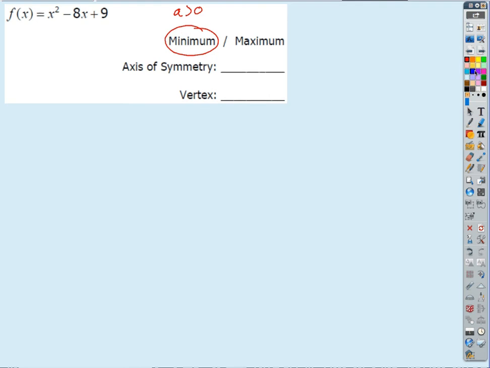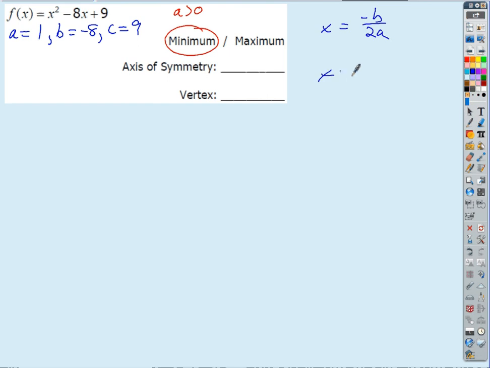What are the values of a, b, and c? b is, c is, okay. So then what's my formula for the axis of symmetry? Well, the formula is -b over 2a, right?